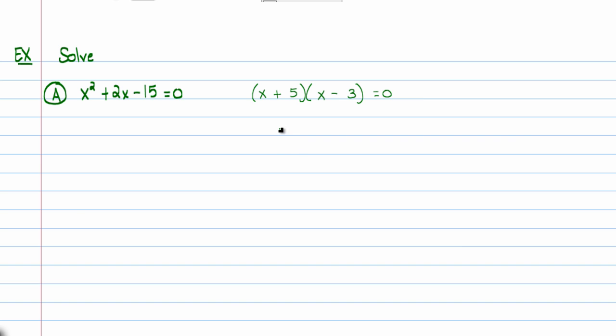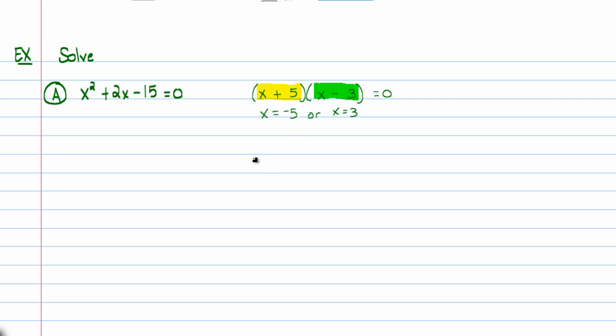So it is true that this trinomial factors to this binomial product, which implies that either x plus 5 is equal to 0, or x minus 3 is equal to 0. In other words, either x is equal to a negative 5 or x is equal to a positive 3.